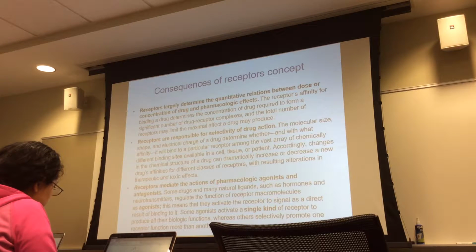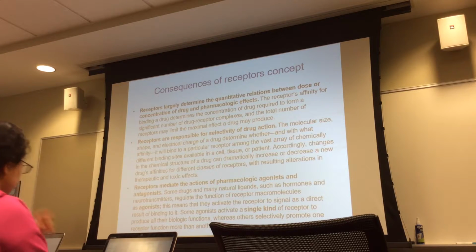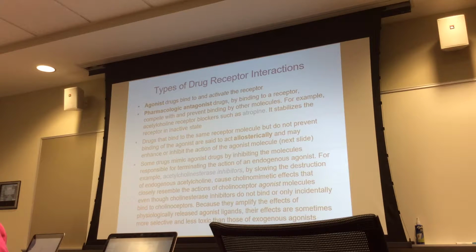Receptors mediate the action of pharmacological agonists and antagonists. We know that you can use a drug to activate a receptor or inhibit a receptor. Both groups of drugs exist, and both are therapeutically valuable. In simple terms, you can classify drugs as agonist, antagonist, partial agonist, or inverse agonist.